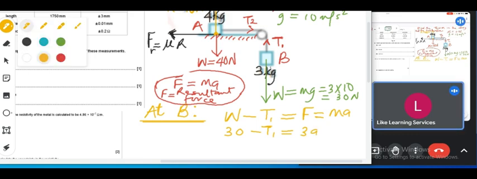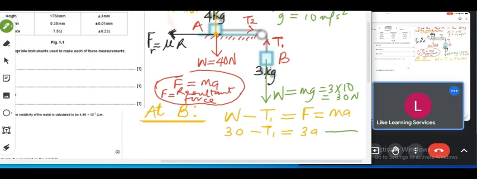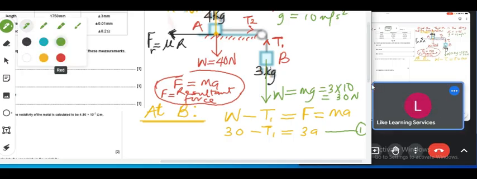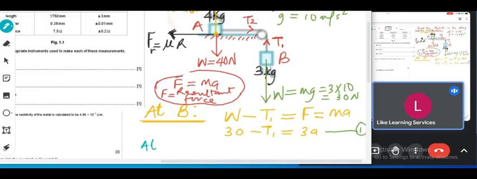We can call that equation 1. Let's consider A now. We are done with B. At A, what are the forces acting?